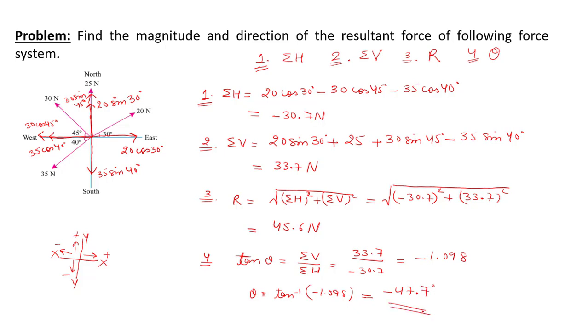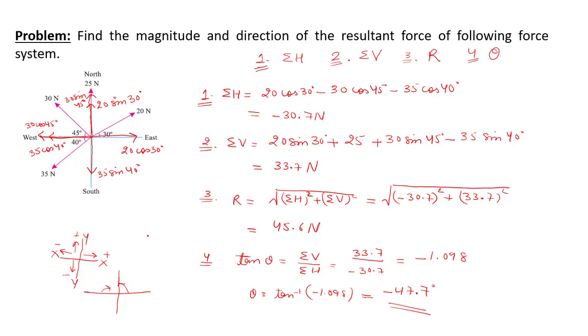Now the negative sign in this angle indicates that the angle is not calculated anti-clockwise, but it is to be calculated clockwise.